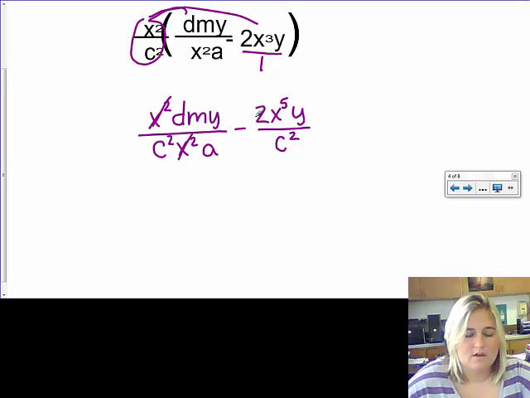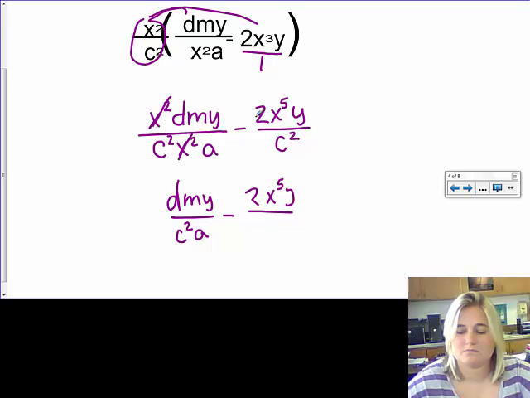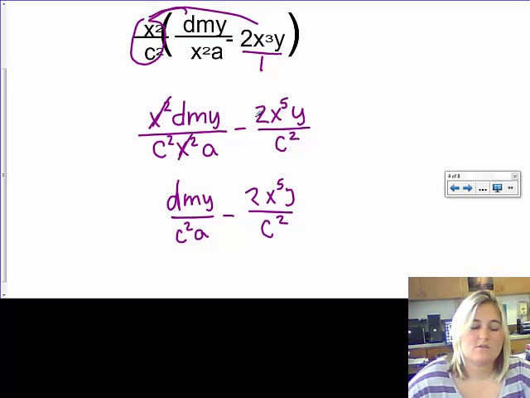So I have the remaining term over c squared a, minus 2, x to the fifth y over c squared. I don't have a common denominator, so once again, this is my final answer.